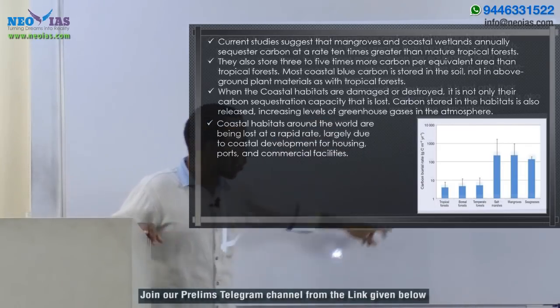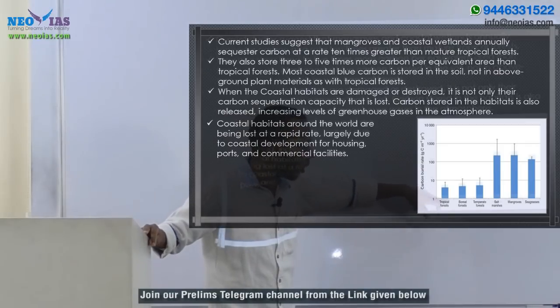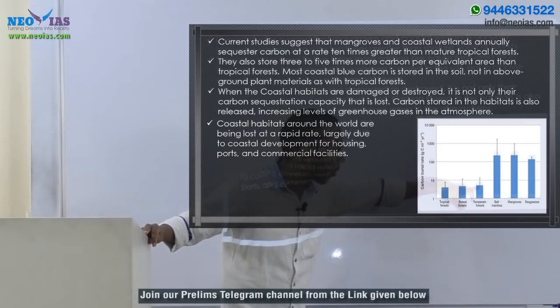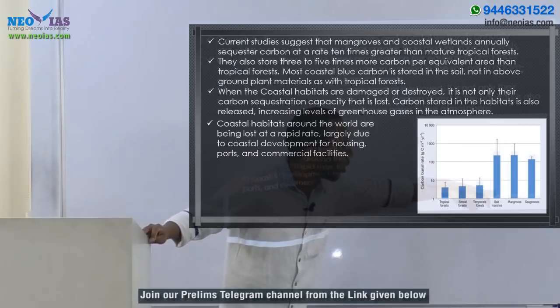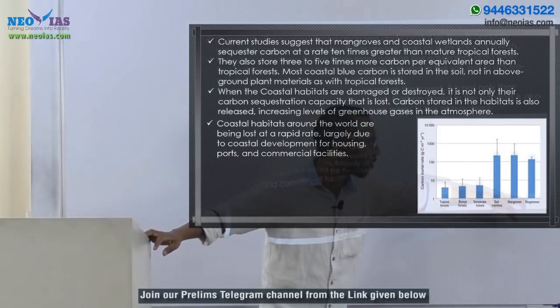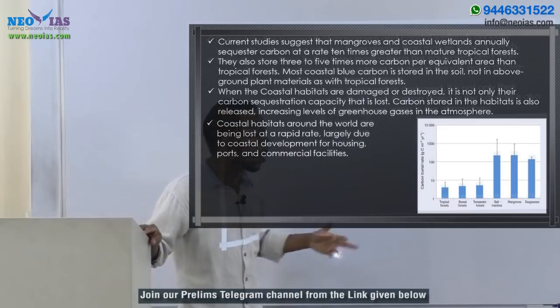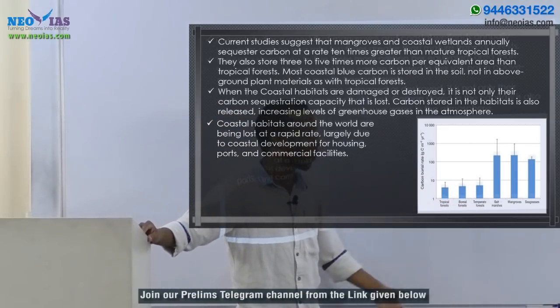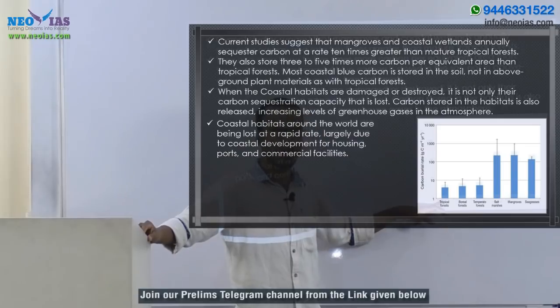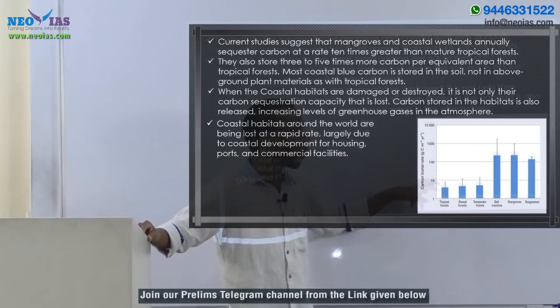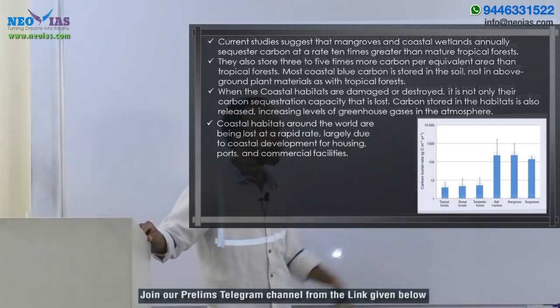First is tropical forest, then boreal forest, temperate forest, salt marshes this much, mangroves this much, and seagrass this much. So carbon burial rate is higher in salt marshes, mangroves and seagrasses compared to tropical forest. This is the graph from the latest studies.